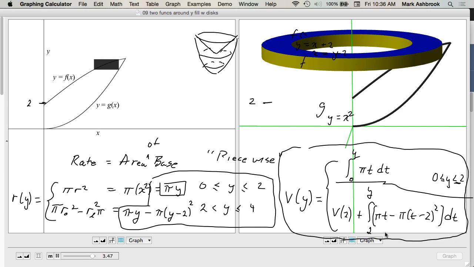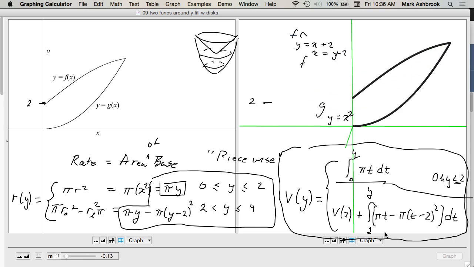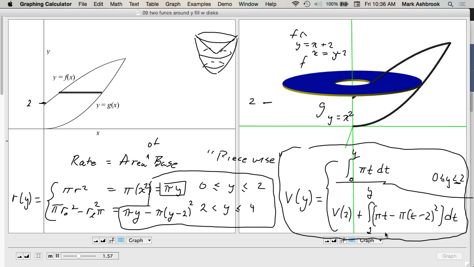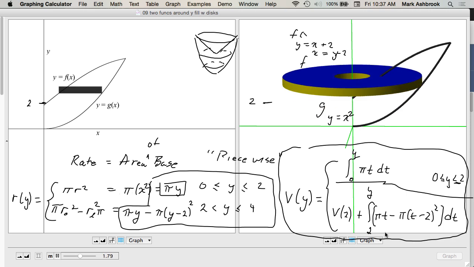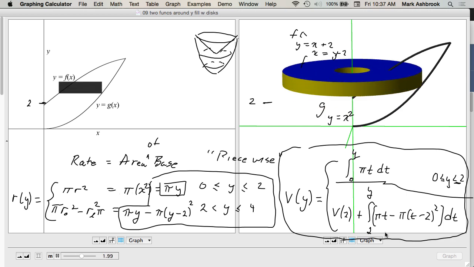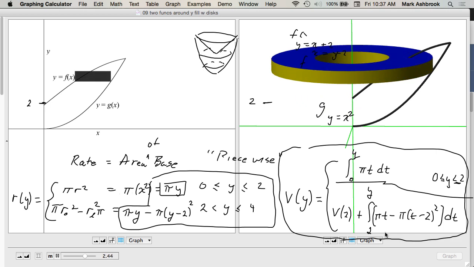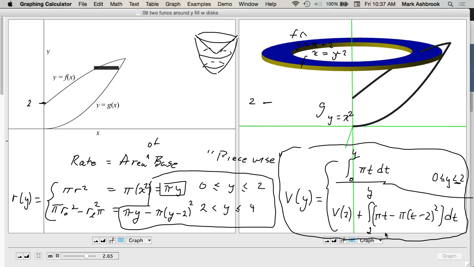So y is increasing through these intervals, and that y is determining the height of the cylinder in the current interval. Yes, and you're right. That's the dt. And then the rate of change of the volume of this is the blue area. Is that better? So in another graph, the independent value is x. In that graph, the height and the radius also all change.